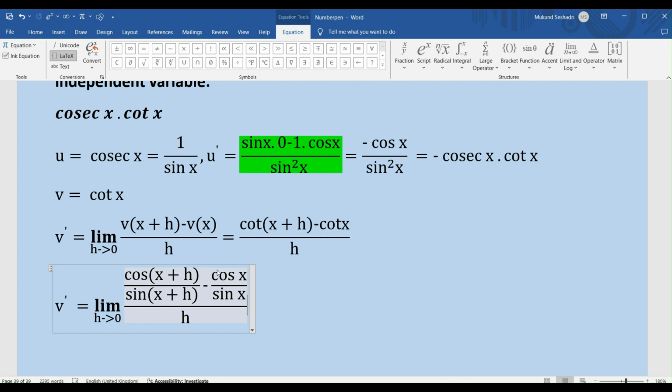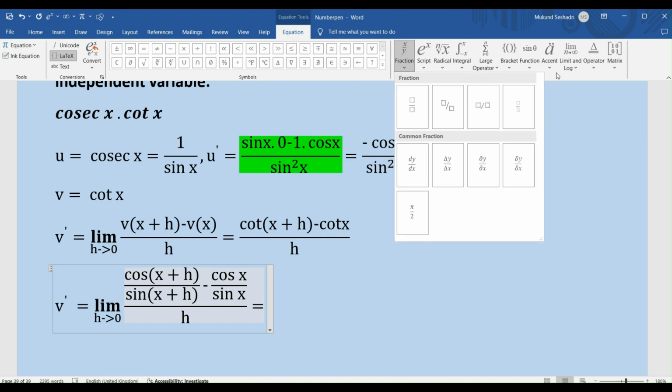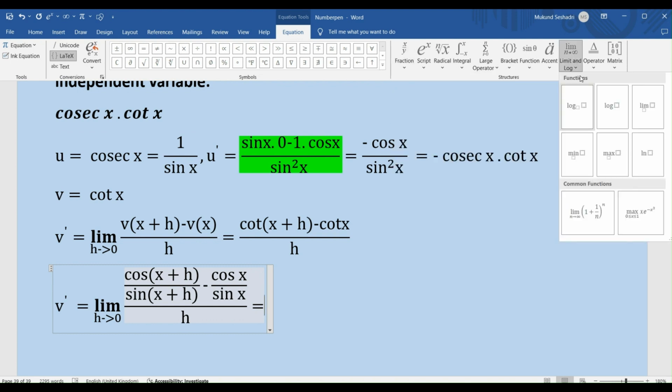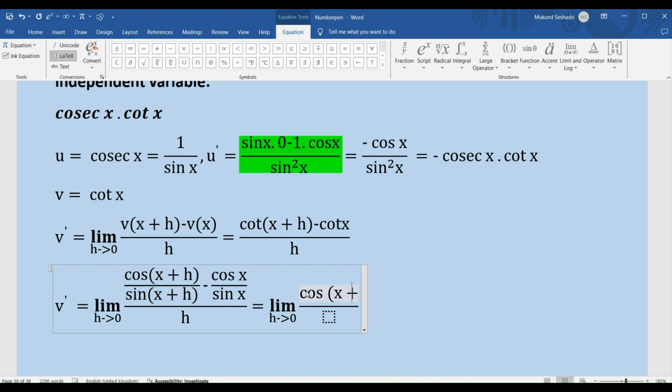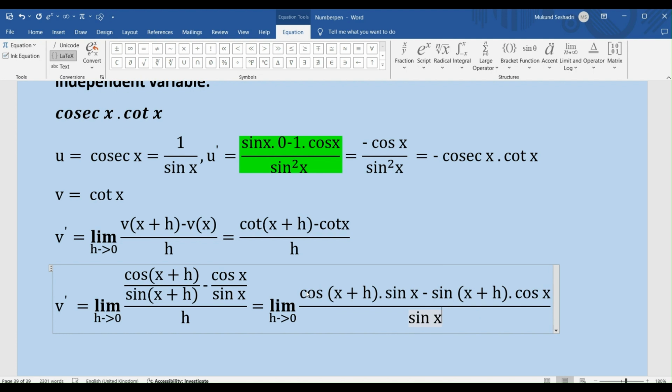So now I can do a cross multiplication, and I can rewrite this particular expression as cos of x plus h into sine x minus sine of x plus h into cos x, right? And then I take my sine x plus h, and remember folks, I still have my h.